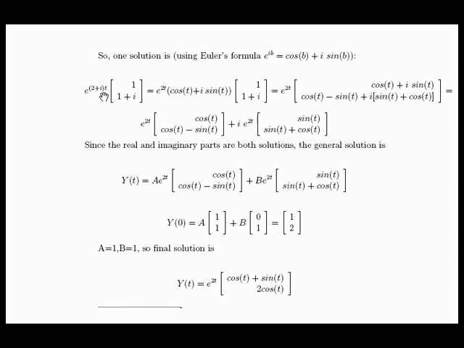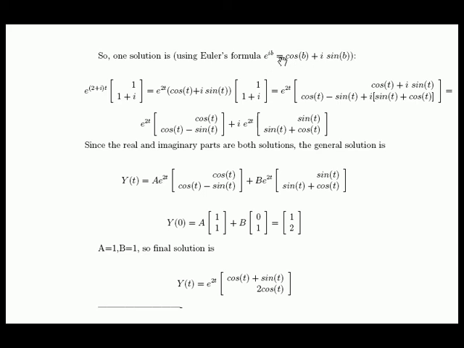Well, what in the world is e to the (2 plus i)t? Well, it should be e to the 2t times e to the it, but what in the world is e to the it? Well, we have to use Euler's formula, which we'll justify below, but it's a well-known formula for e to the i times b, where b has to be a real number. It's just cosine of b plus i sine of b.